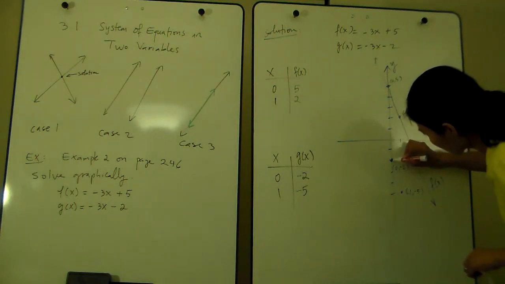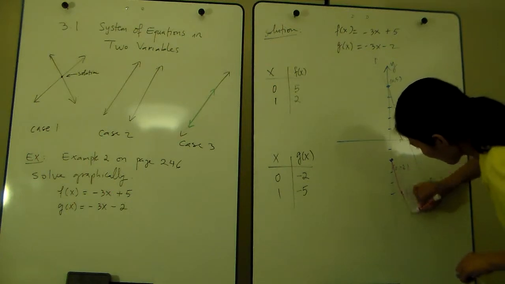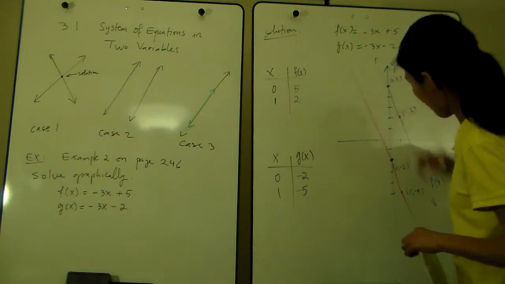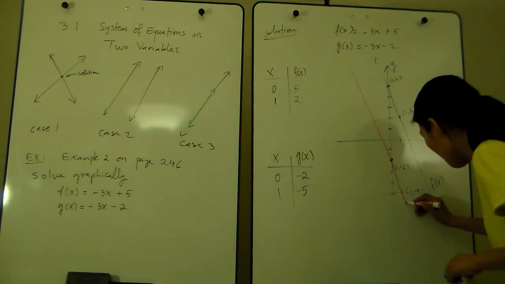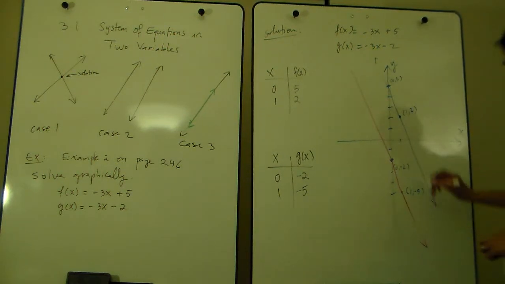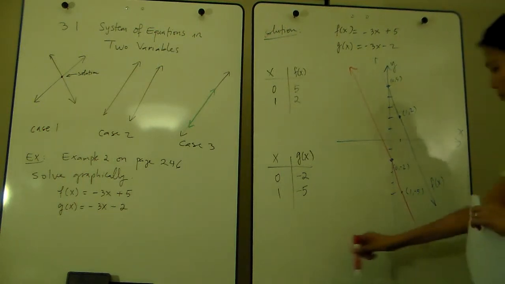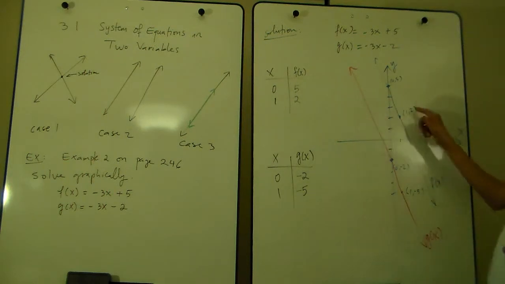Now, let me use different colors. So you connect the 2 points. Now, what do you see? Let me label it g of x. Do these two lines intersect each other?